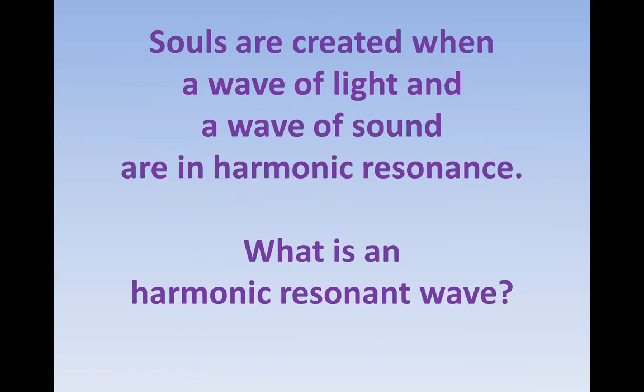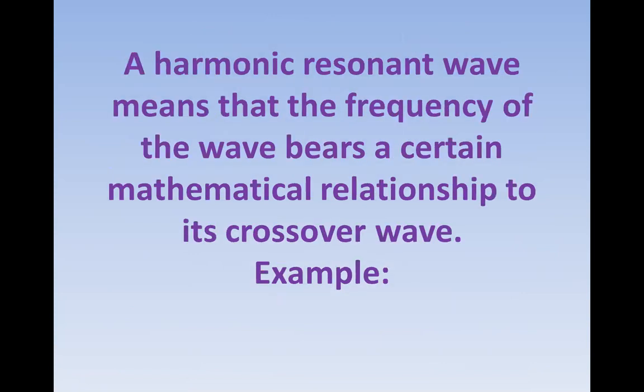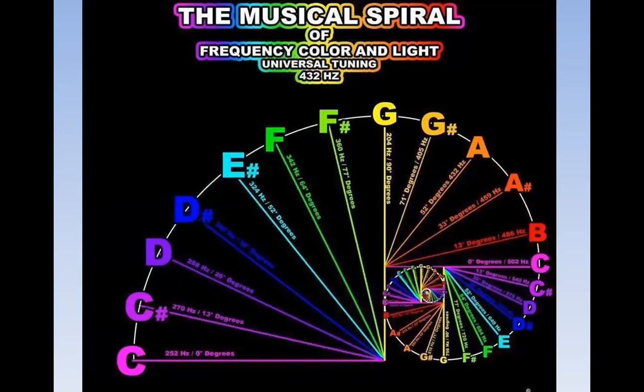Souls are created when a wave of light and sound are in harmonic resonance. What is a harmonic resonant wave? A harmonic resonant wave means that the frequency of the wave bears a certain mathematical relationship to its crossover wave, for example. And then we looked at the musical spiral of frequency of light and sound.